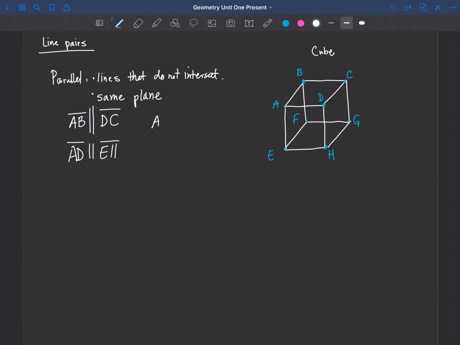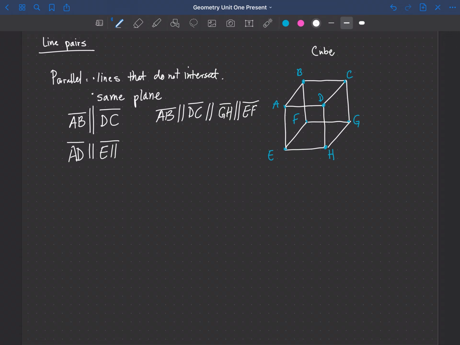Sorry, let's see. So we were talking about these four lines, right? 1, 2, 3, and 4. So those are all never going to touch each other and on the same plane. So we have AB is parallel to DC, GH and EF. So you can have something like that.